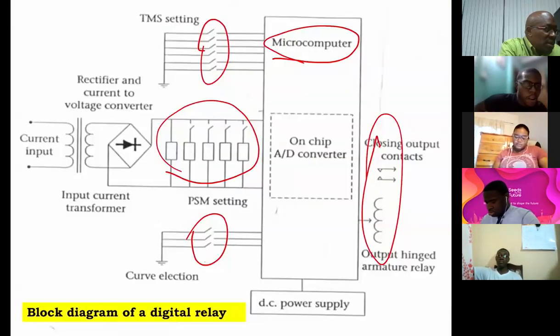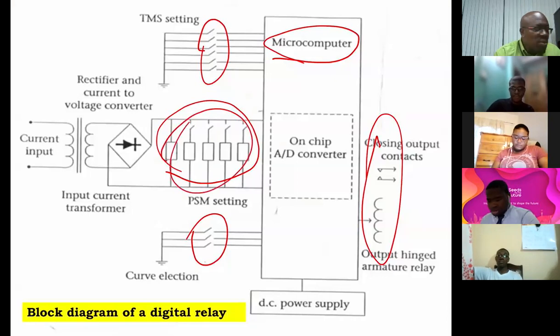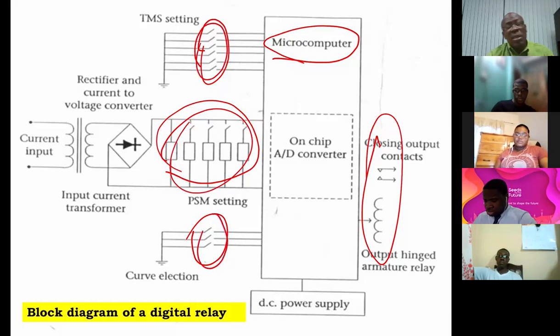So that's your plug setting. We just switch one, and depending on how many you have in parallel, you would get a change in the current that would be required to operate your relay. Your time setting is just a matter of selecting. Your curve setting, a matter of selecting.